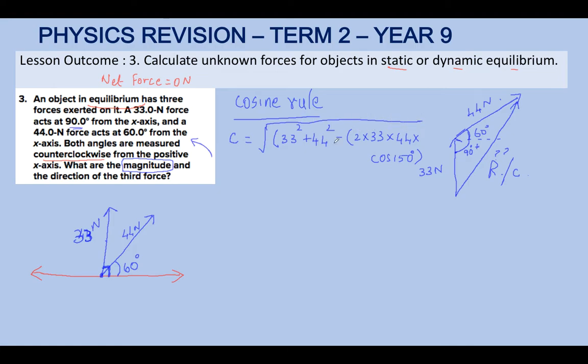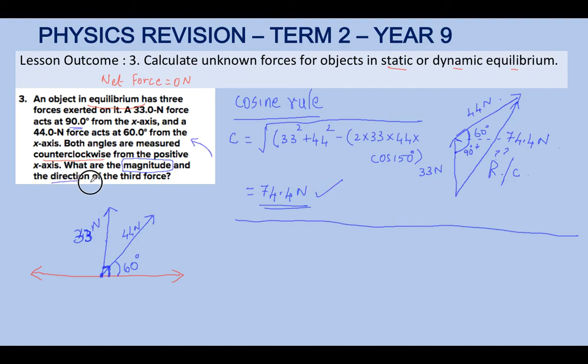So you plug that in the calculator. You can pause and do the calculation and check if you do it correctly. You should be getting around 74.4 Newton. So that's the magnitude of this side, 74.4 Newton. So that's the magnitude we have found, tick.